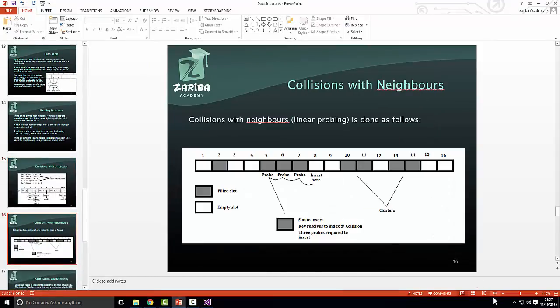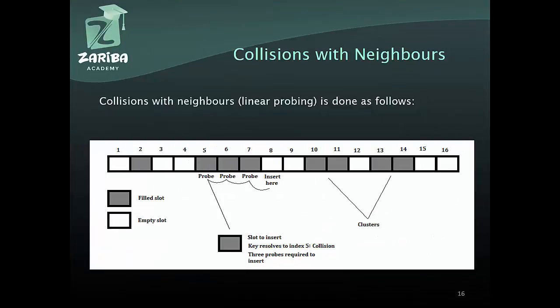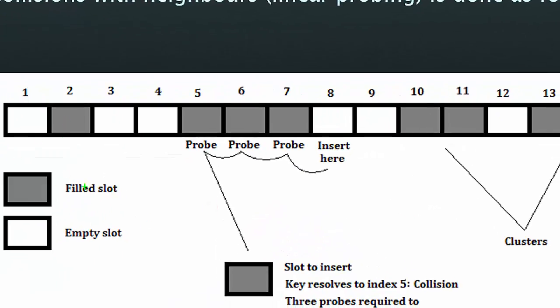Let's go to the next one. This is the second way, where now let's say that each gray slot is filled and each white is empty. In terms of performance, they are pretty much the same.